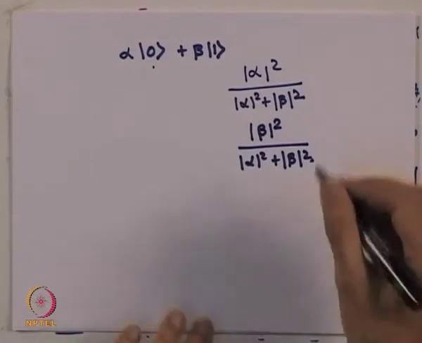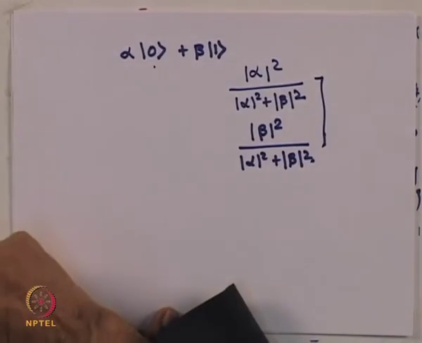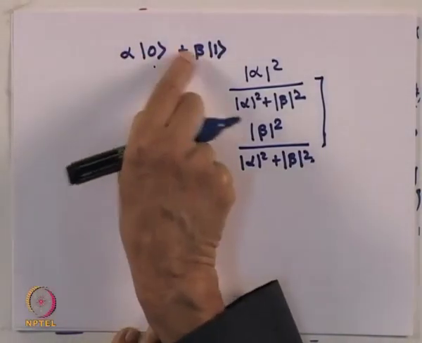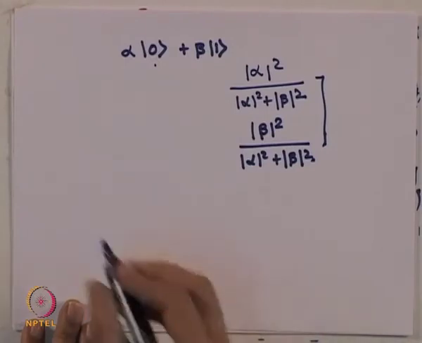These are the probabilities which will enable us to determine the magnitudes of alpha and beta. Is there a way of finding out the relative phase?